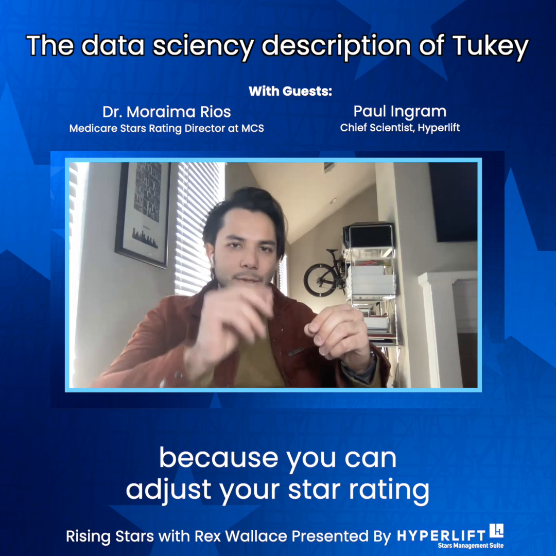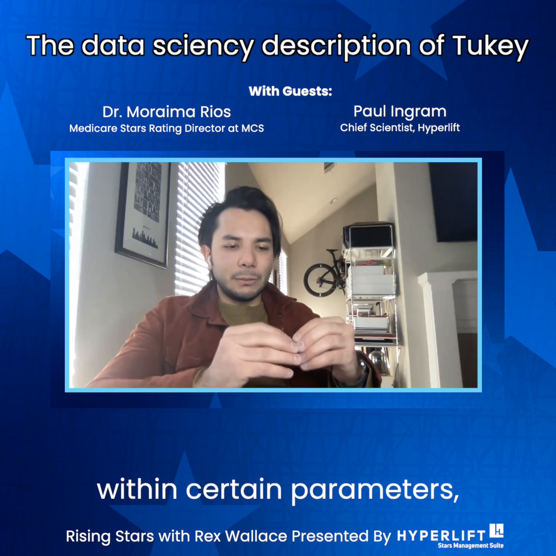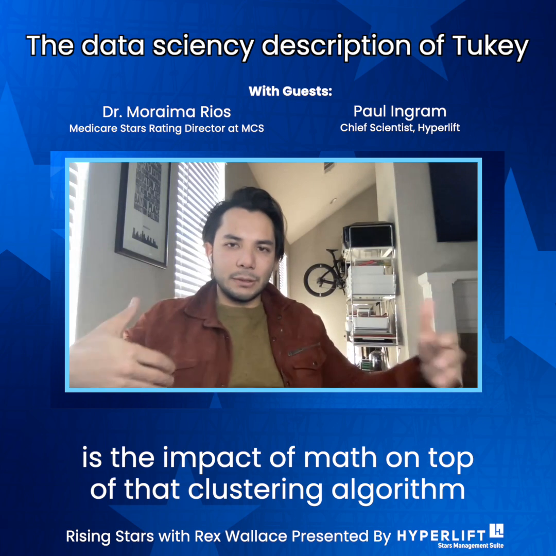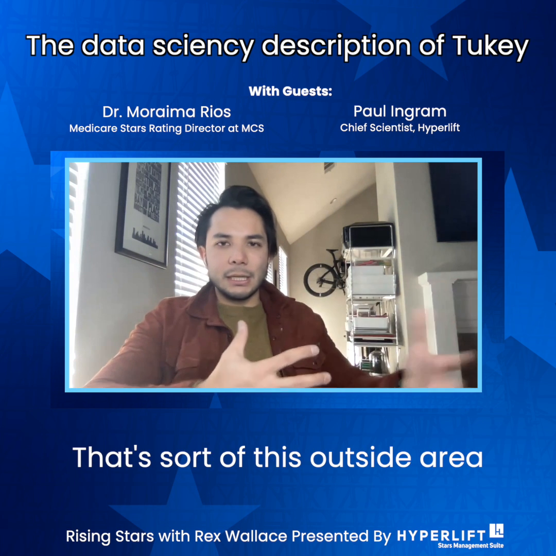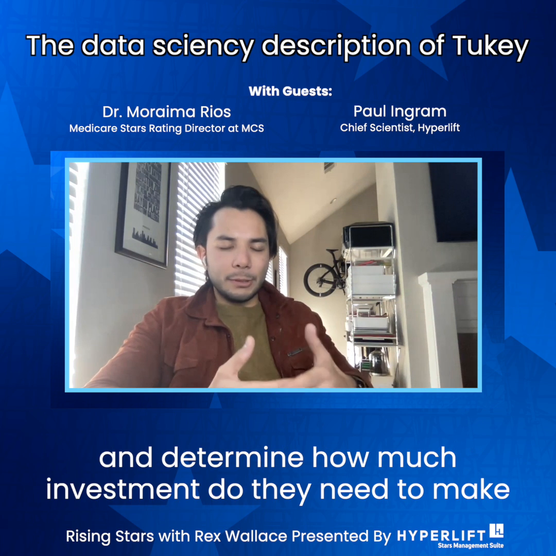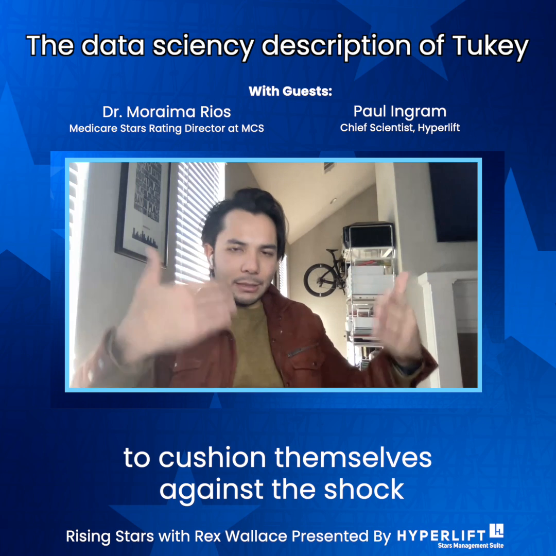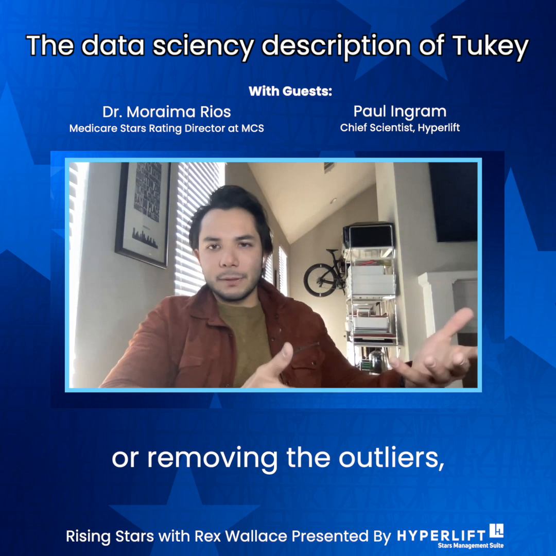You can adjust your star rating within certain parameters, but ultimately what the plans don't control is the impact of math on top of that clustering algorithm that determines the cut points. That's sort of this outside area where they have to look at it and determine how much investment they need to make to cushion themselves against the shock that removing the outliers will have on top of the cut points.